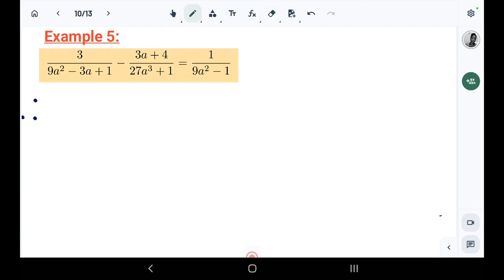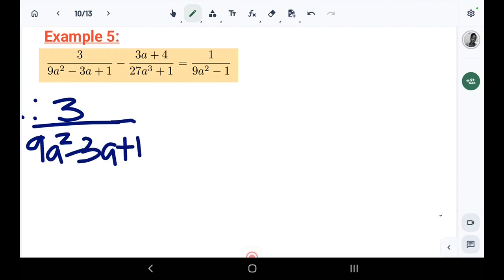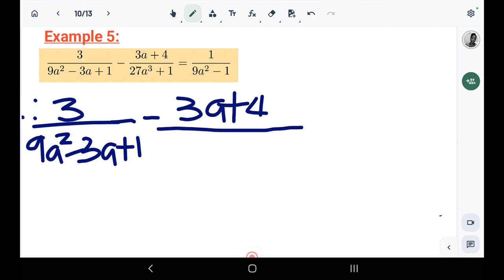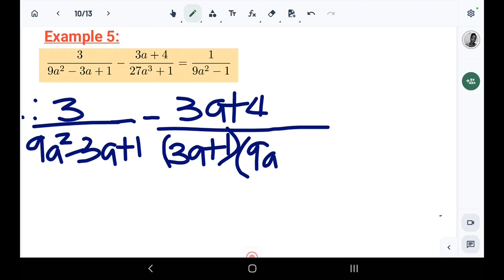Let's simplify the fractions. Notice that 9a squared minus 3a plus 1 cannot be factorized, so that still stays the same. That's 3 over 9a squared minus 3a plus 1, minus 3a plus 4, all over the factorized sum of two cubes, which is 3a plus 1 times 9a squared minus 3a plus 1.